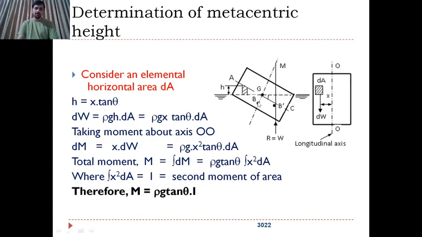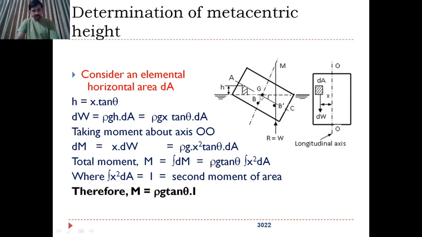This BM minus BG, that is GM, no doubt about it. If you subtract BG from BM, which is the entire line from B to M, you will get GM or MG. That is the metacentric height.